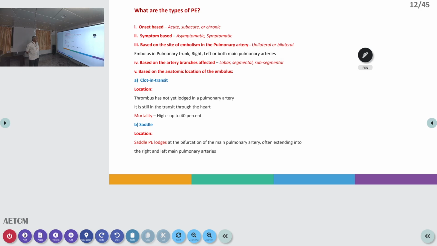So we cannot search for the thrombus emboli inside the pulmonary artery. It is still in the right ventricle. But here the mortality is nearly 70%. Another type is saddle pulmonary embolism. This lodges at the bifurcation of the main pulmonary artery, often extending into the right and left main pulmonary arteries.